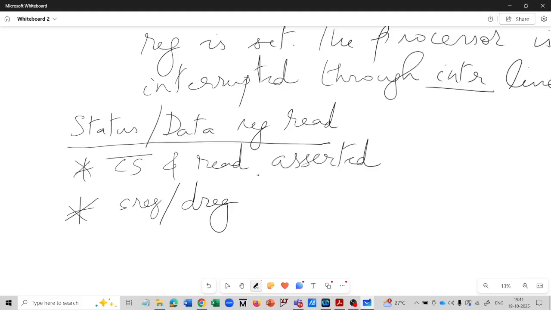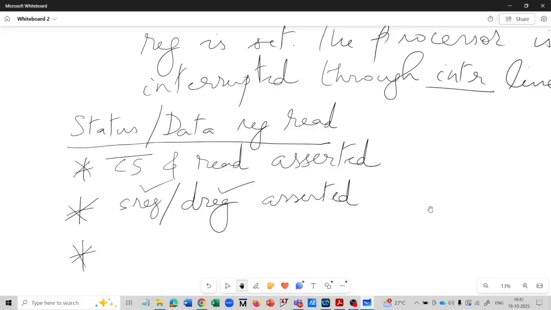But when a status register or data register is read by the processor, the corresponding control signal, either the SREG or the DREG, will be asserted, depending on whether the status register or data register is accessed by the processor.